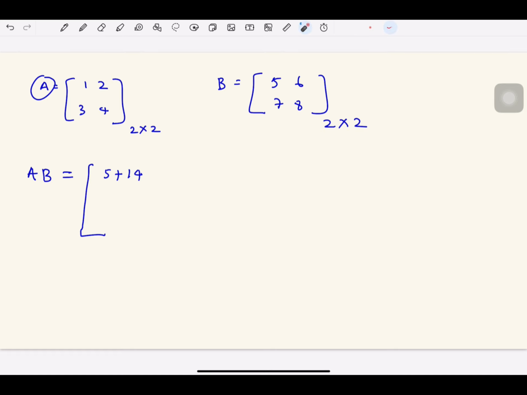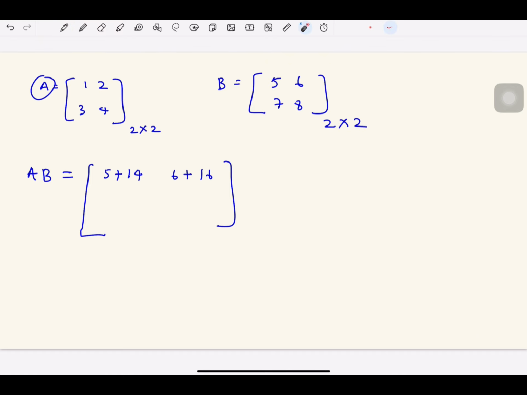Next, you multiply the first row of matrix A with the second column of matrix B. This gives the top right corner element. So 1 by 6 is 6, plus 2 by 8, which is 16.